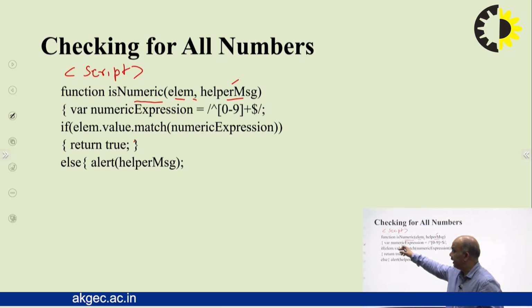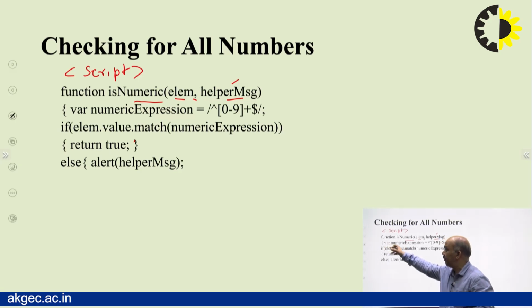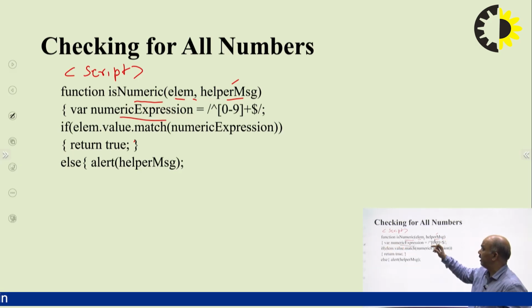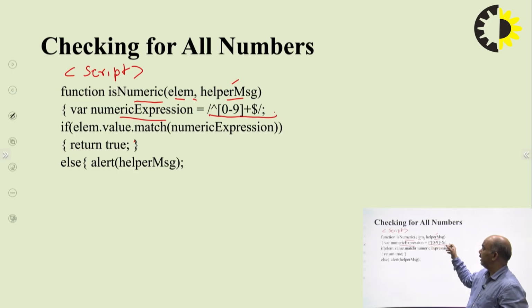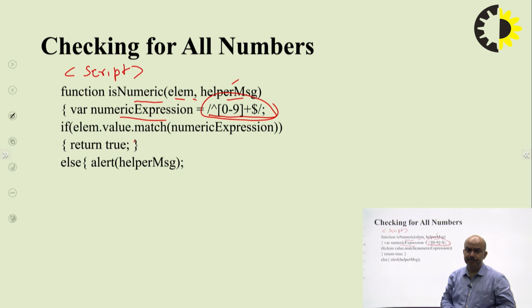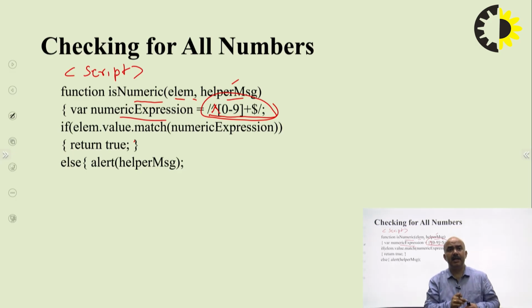We are creating the variable numerical expression, where we have to check whether the given value is a digit or not. For that we use a caret, which says it must start with a digit value, and within the square brackets we say the digit must be from 0 to 9.